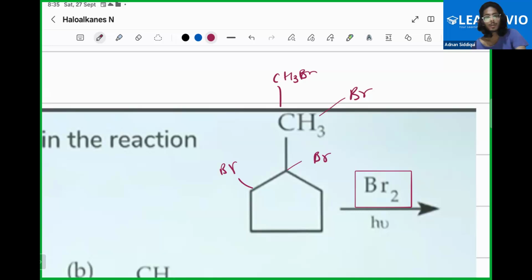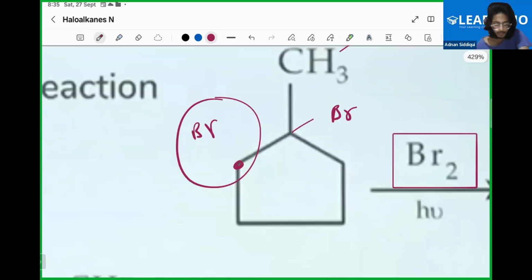Which position is more stable? You are saying the one on the left side. Again, you have to think more. Is this primary, secondary, or tertiary? Which carbon is this? See, if I zoom it in, how it is written: CH2, here we have CH, here we have CH2.